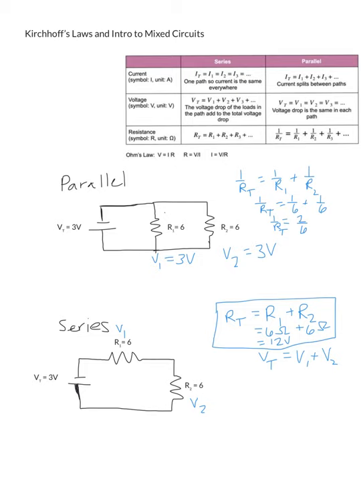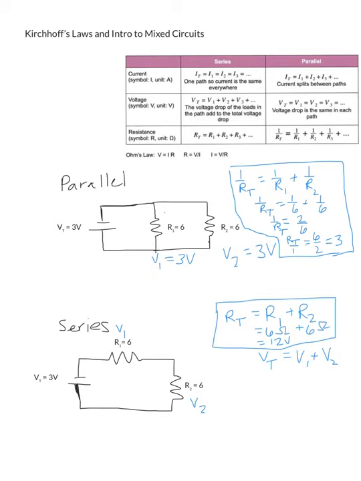So I'll flip both, and I'll get RT over 1 is equal to 6 divided by 2, which is equal to 3. So the total resistance in this circuit is 3, and the total resistance in this circuit is 12.